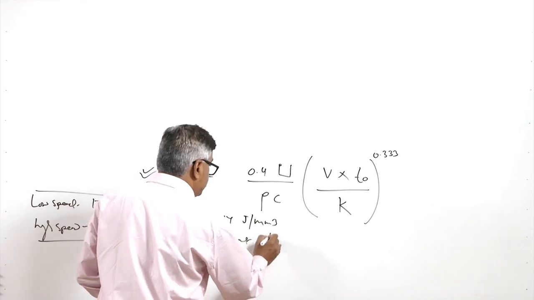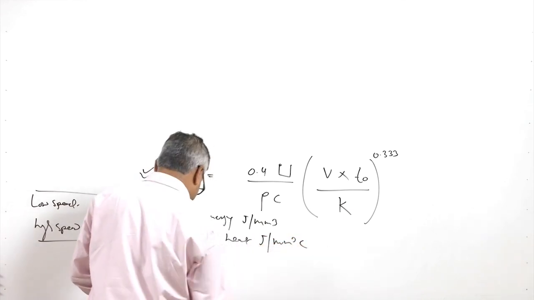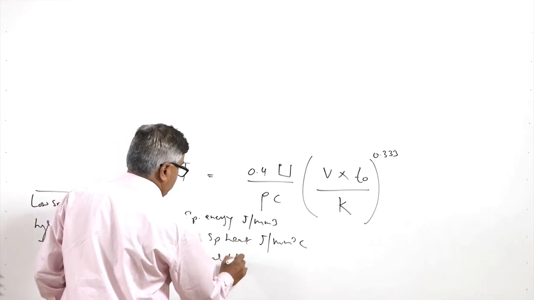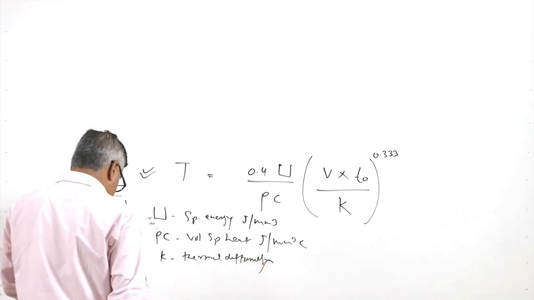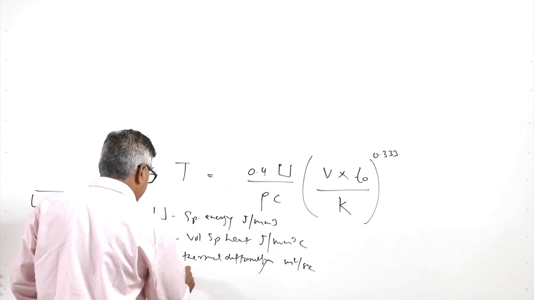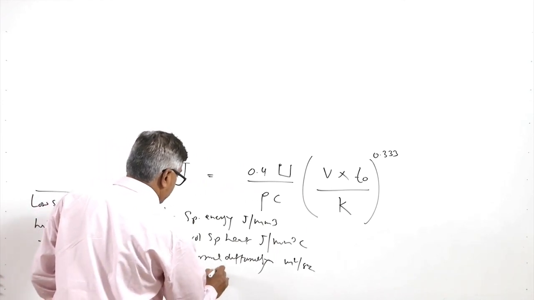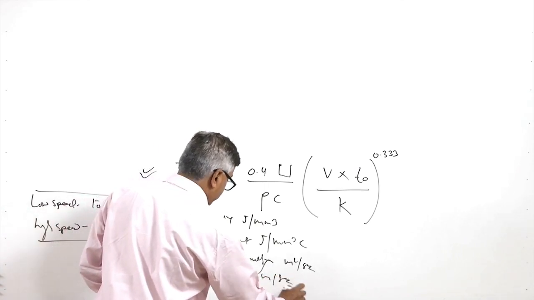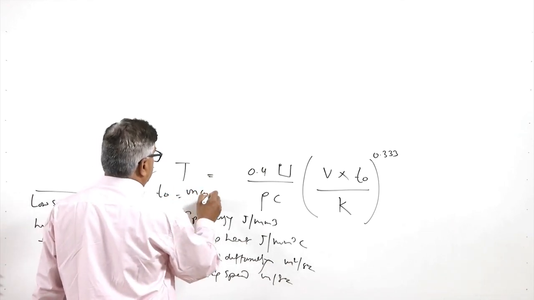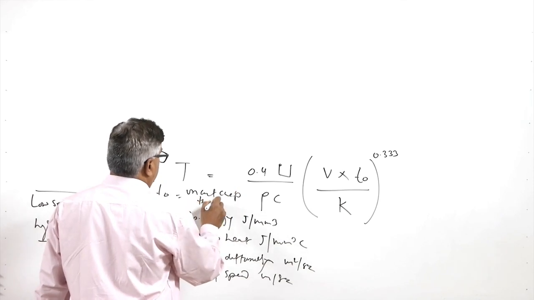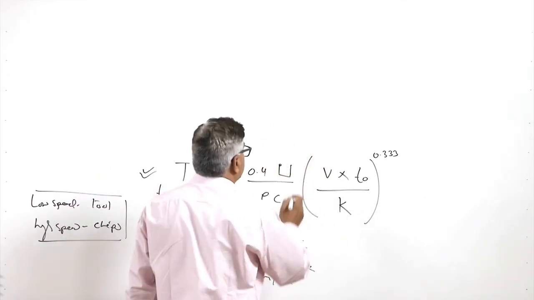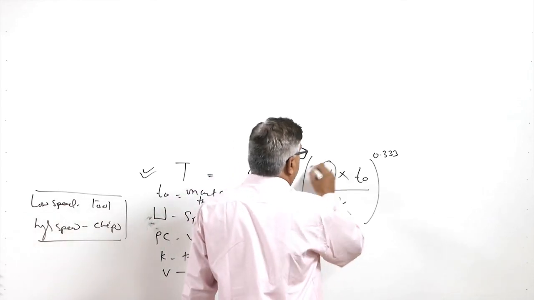This is expressed as J per mm cube, C is the temperature per unit temperature, K is the thermal diffusivity, this is expressed in meter square per second, and V is the cutting speed, meter per second, and the T naught is the initial uncut chip thickness, in mm.